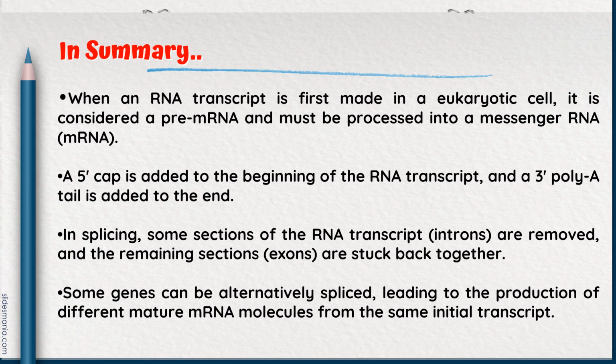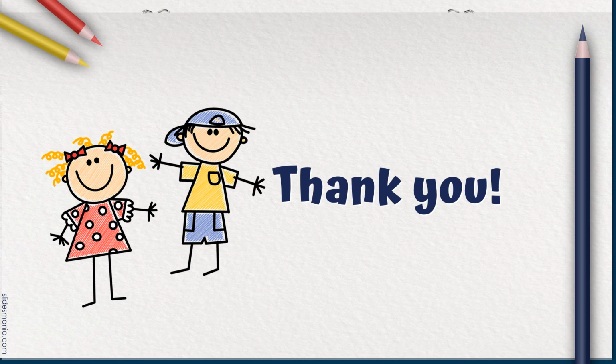In splicing, some sections of the RNA transcript, which are called the introns, are removed, and the remaining sections, which are the exons, are stuck back together. And then lastly, some genes can be alternatively spliced, leading to the production of different mature mRNA molecules from the same initial transcript. And that's all.